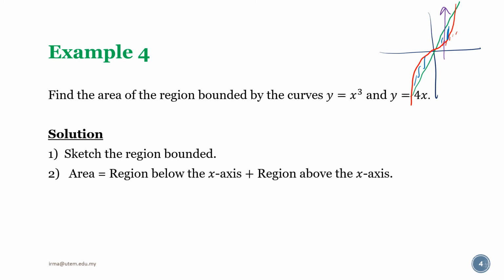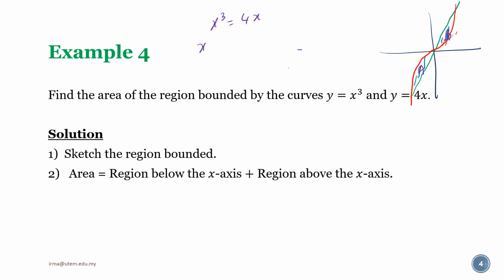Okay, you have here as A and this one as B. To get the intersection points, you can just use the same as before, which is x cubed equal to 4x.